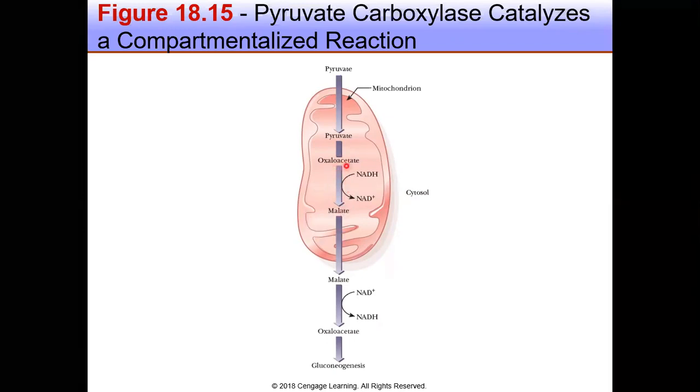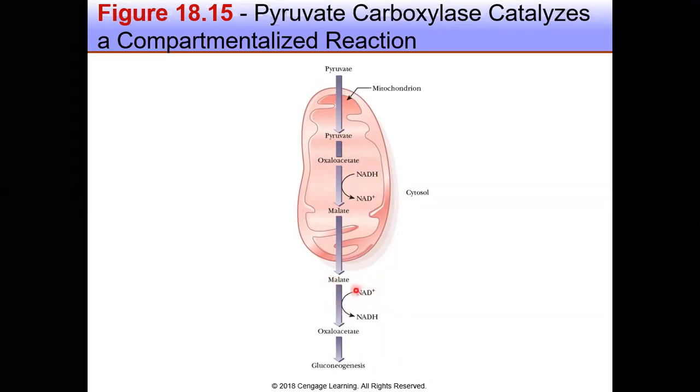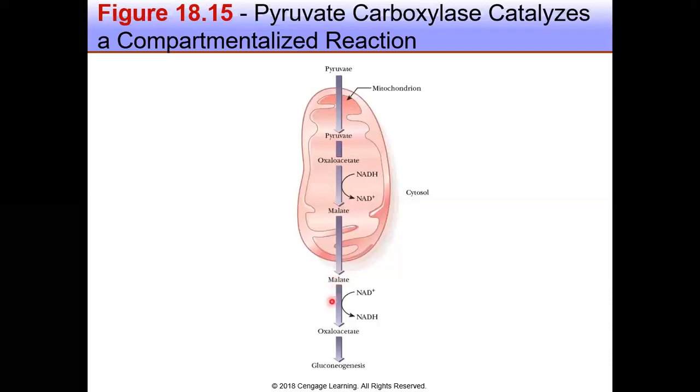It must be reduced to malate by NADH, and then malate is transported to the cytosol and then oxidized by this oxidizing agent NAD+ back to oxaloacetate to form NADH, and oxaloacetate is now ready for gluconeogenesis.